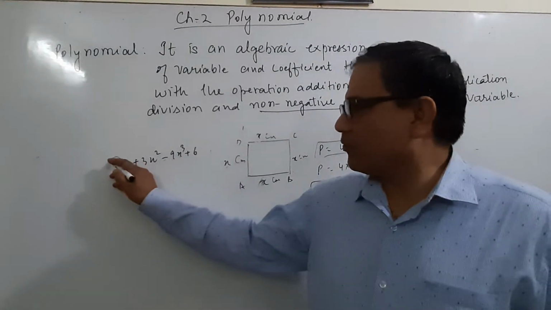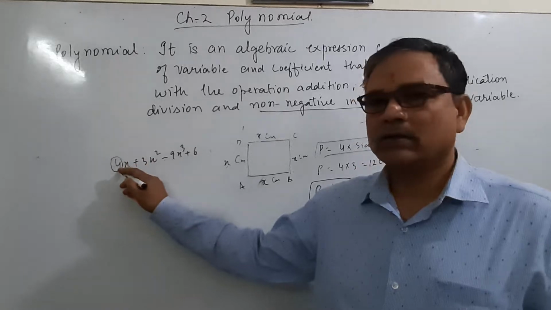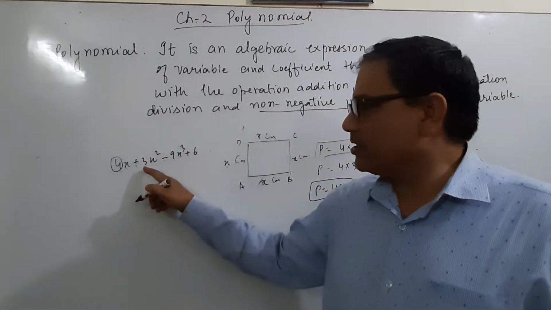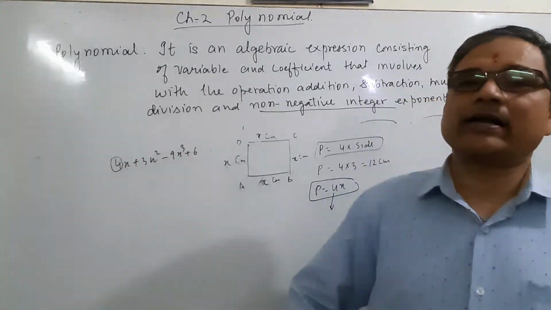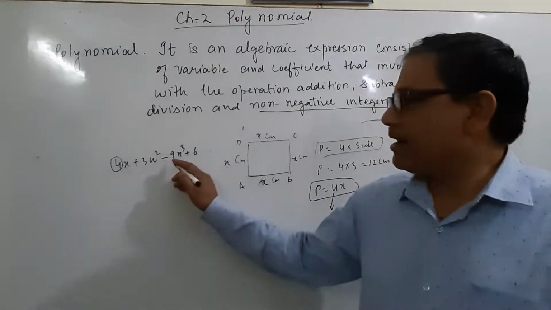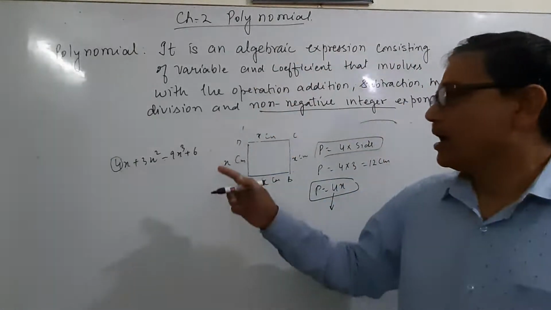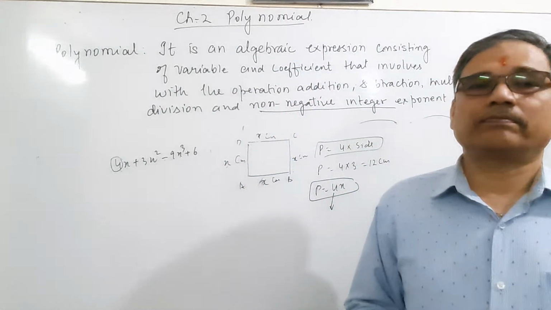This 4 is the coefficient of x, whereas x is a variable. And 3 is the coefficient of x square. And minus 9 is the coefficient of x cube. And 6 is the constant term.